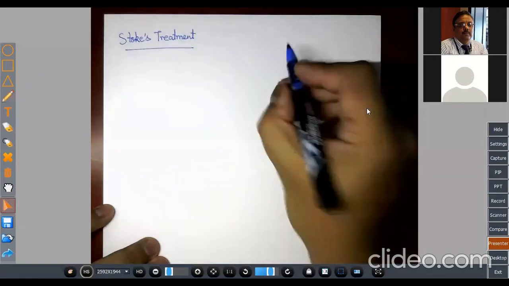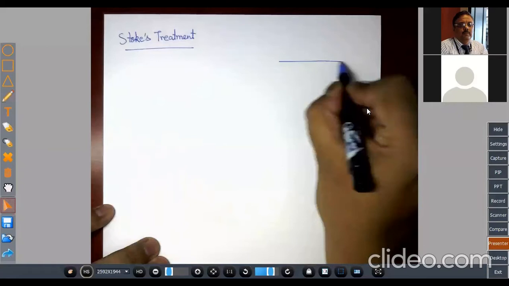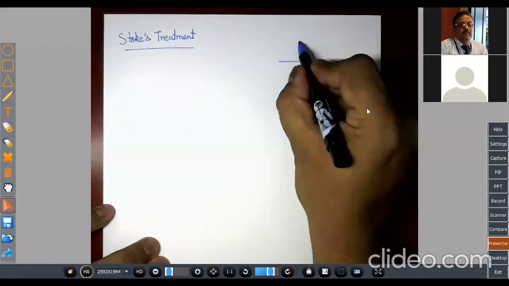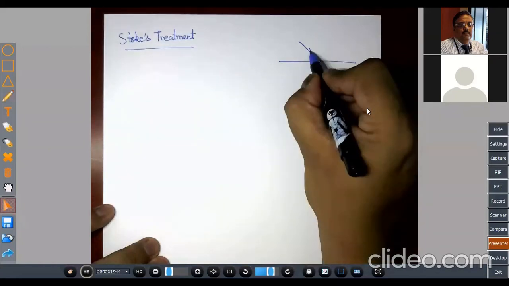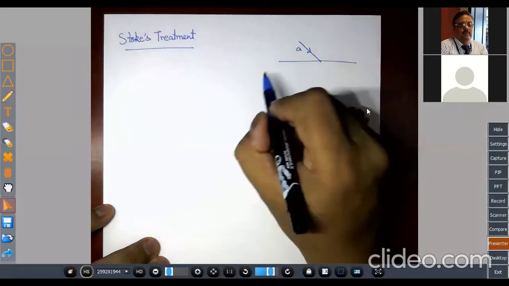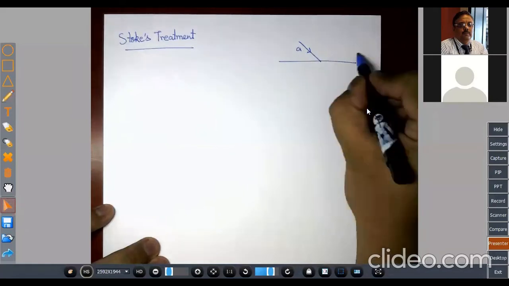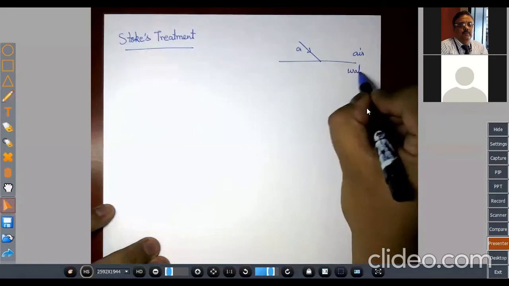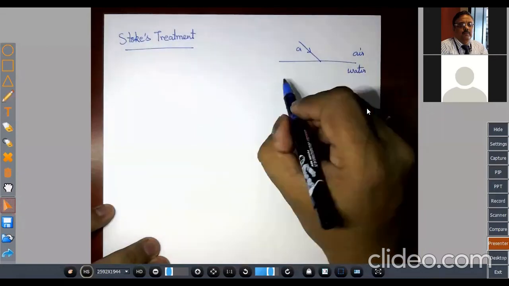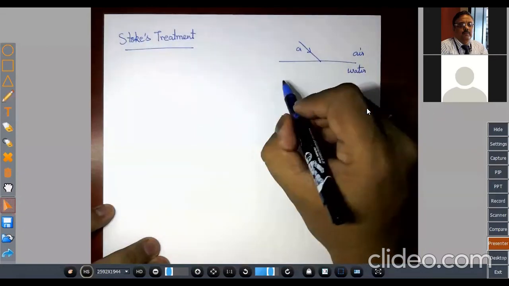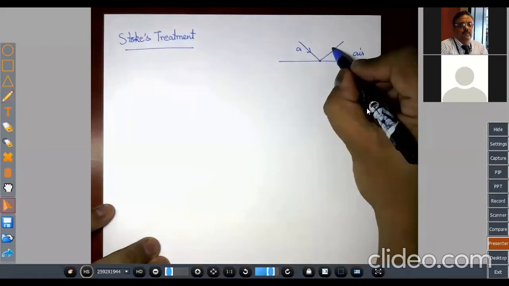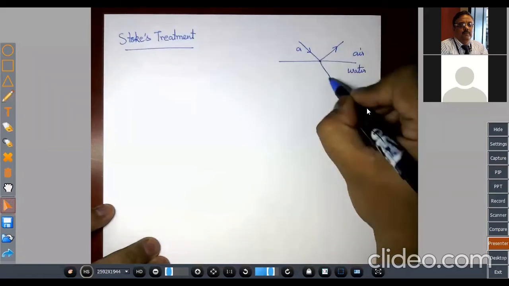So, as we considered before, we consider a light of amplitude small a incident from air to the surface of water. Part of it will be reflected and a part will be transmitted.